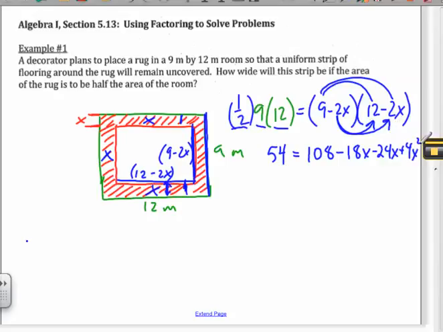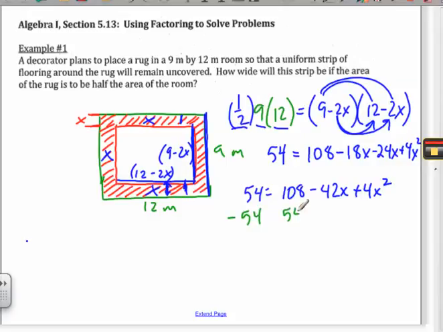Okay, well, let's simplify a bit. 54 is equal to 108 minus, is it 42x, plus 4x squared? Nice. Okay, now what do I do? What do I still need to do? I've simplified, but what do I still need to do, Eric? I got to subtract the 54 from both sides, right?